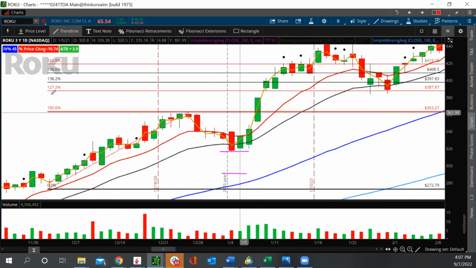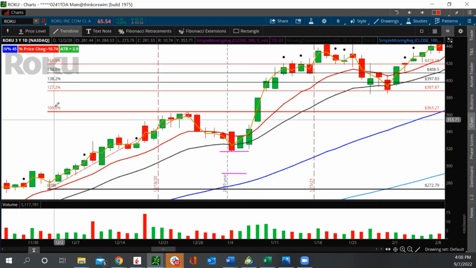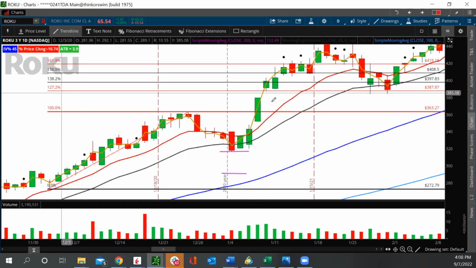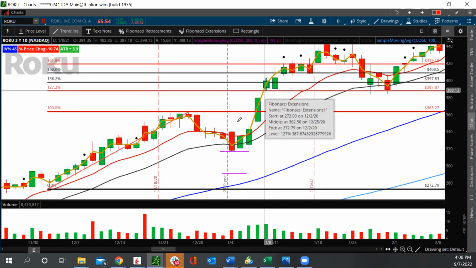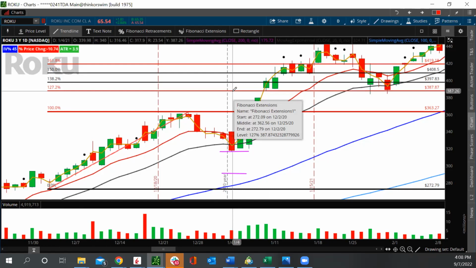Okay. Your next target level is this 127.2. So the lines that are in red are what I use for my targets. Okay. So the first one is the 100%. The second one is 127.2. Right. And you would have hit it here. And again, maybe you take off 10% here. Maybe you take off another 10, or maybe you get a little more aggressive.